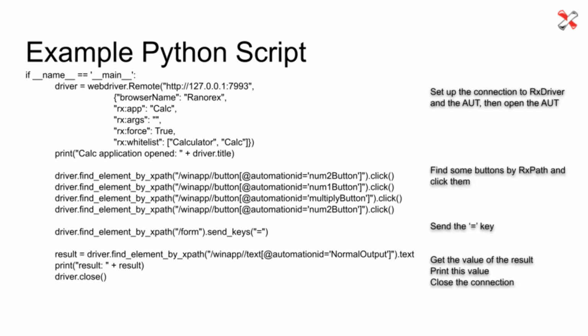We will send the equal sign through the keys. And then we will get the output and print this result. So if you read through this, it looks like we're going to take 21, multiply it by 2, and view the result. So let's take a look at this in action using Python and Ranorex Driver.